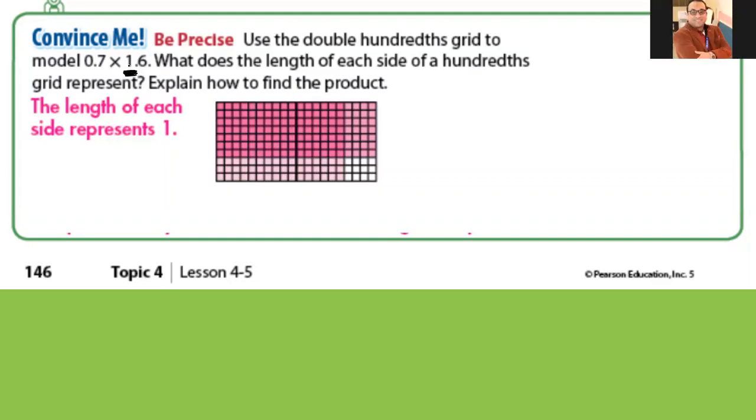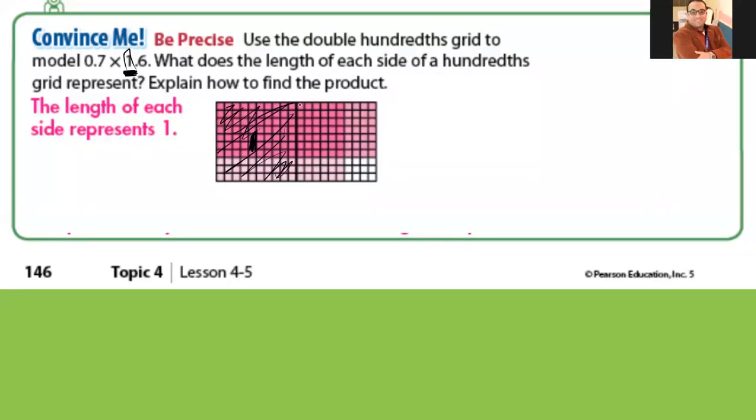Concentrate, please, Ammar. We need the double grid for what? For representing this one as a whole. I need this whole 100 grid to represent just 1.